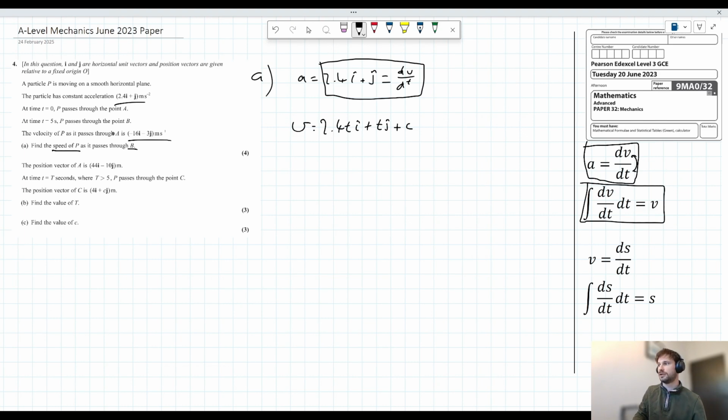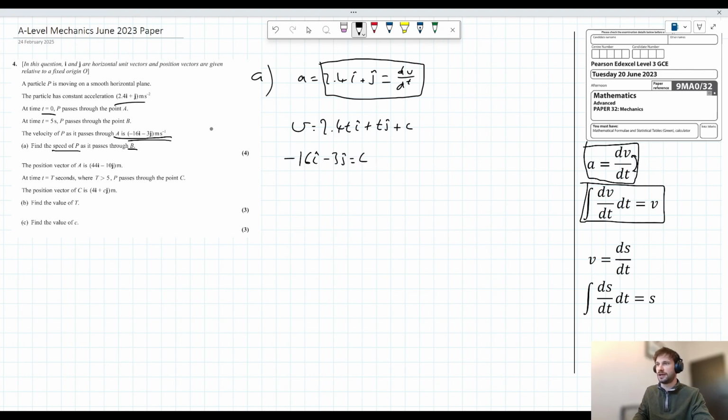Now, to solve for our constant of integration, we'll want a particular point in time. So we can take this idea here where we're given the velocity of the particle as it passes through A, also noting that time is equal to 0 when the particle passes through A. So we can say then minus 16i minus 3j is equal to c.